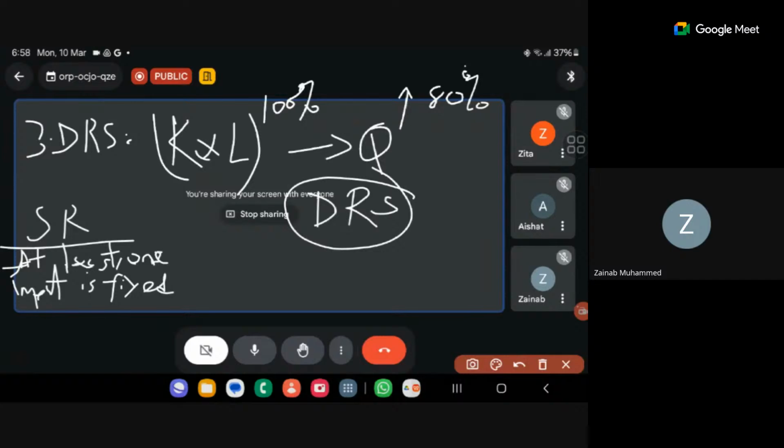At least one factor input is variable. The law that operates in the short run is the law of diminishing returns, also called the law of variable proportions.